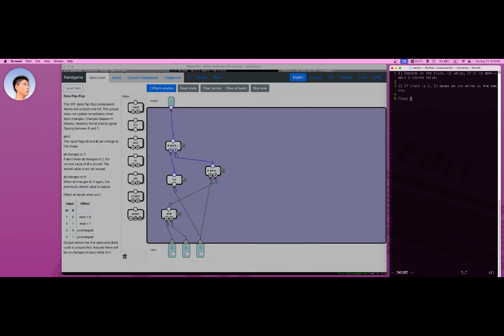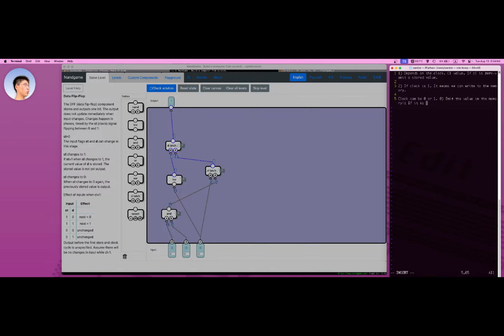Okay, clock can be in two values. It can be either 0 or 1, right? So when 0, emit the value in the memory, okay? Strictly.